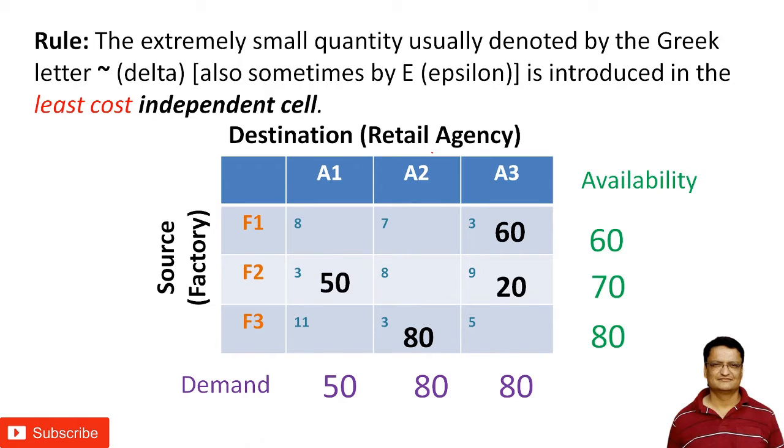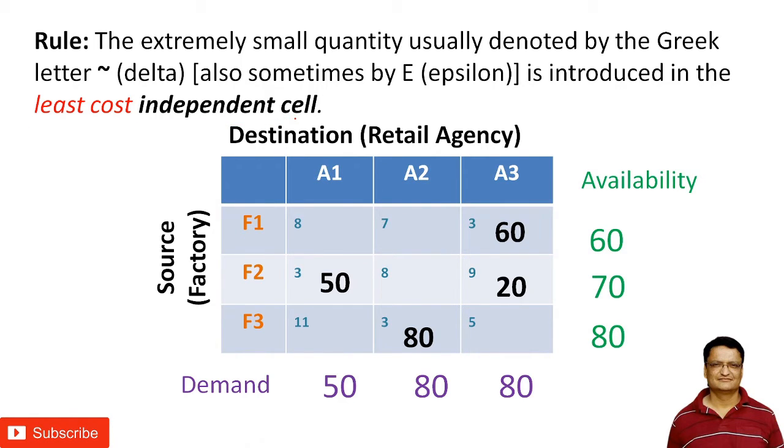Now to make that figure, we are short by one cell, so we have to give this delta or epsilon value, and we have to put this value in any one of the cells. And how to choose that cell? That cell should have the least cost, and it should also be an independent cell.